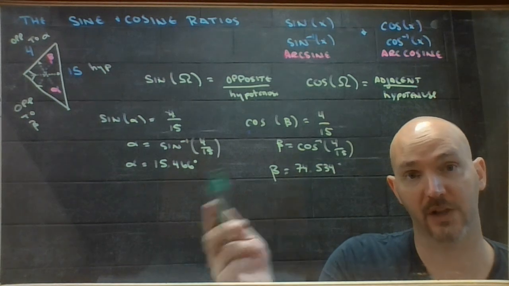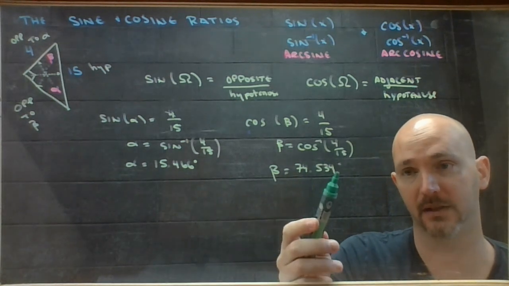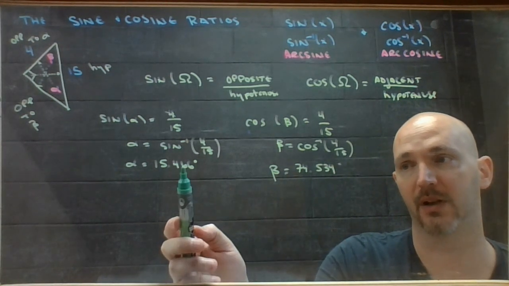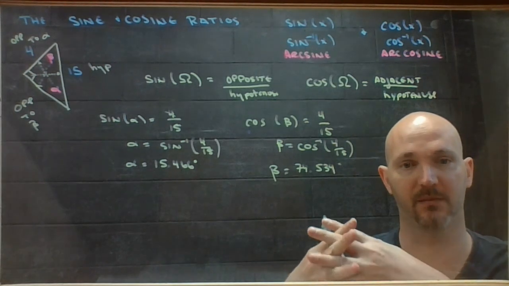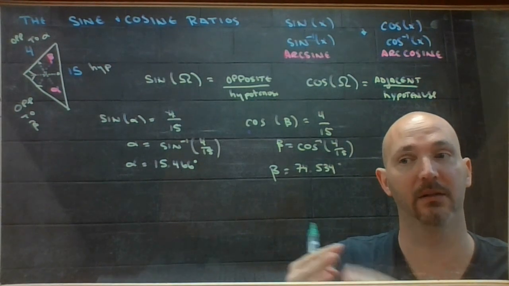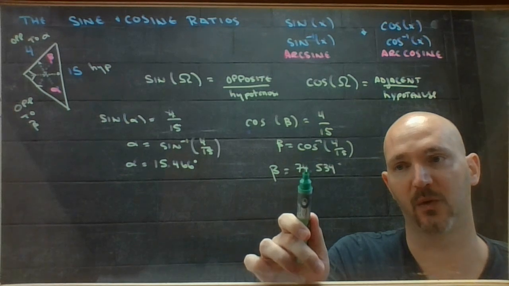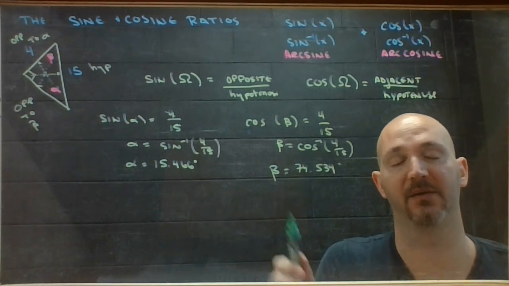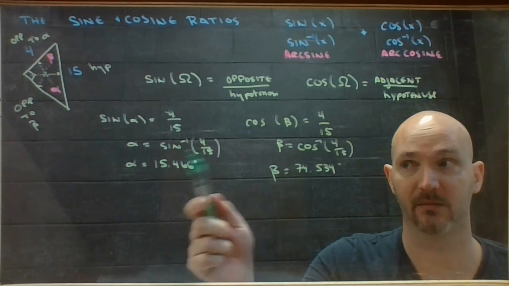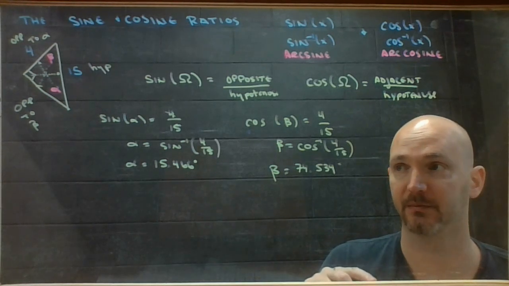And if you were to check, add this to this: 0.534 and 0.466 are going to add together to make 1. 74 plus 1 would be 75, plus 15 gives you 90 degrees. So it worked out just so.